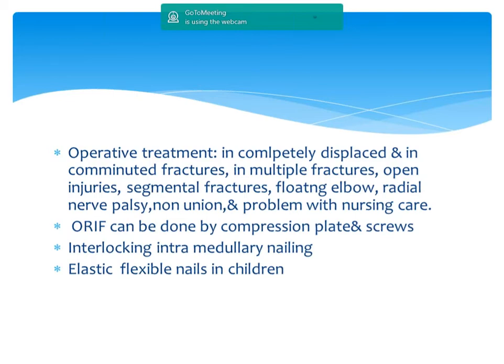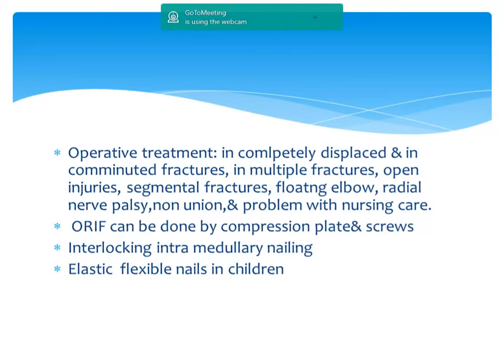Open reduction internal fixation can be done by a compression plate and screws. Of course, nowadays locking plates are available. And next one is the interlocking intramedullary nail, of course. For the shaft fractures, especially the middle one third of the shaft, we can go for intramedullary nail because intramedullary nail has so many advantages.